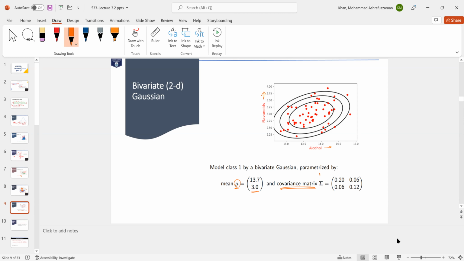And the covariance matrix will be a square matrix, and it will have values for covariance of all the combinations of feature values. So here we can say x, y. So all the feature values, all different combinations of them will have a covariance value in the matrix, and this is our mean value.